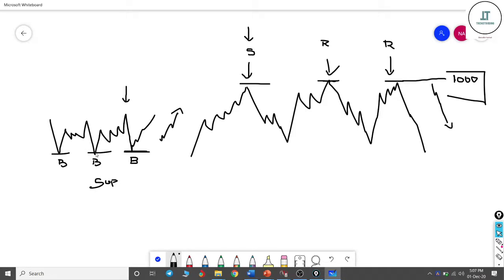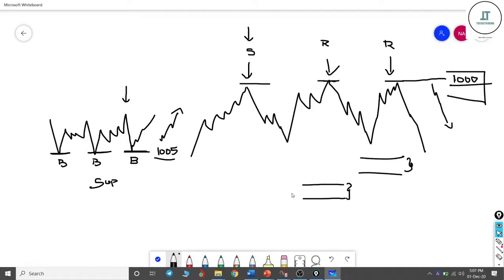Support and resistance are generally categorized into two. Support we can take as one single level, and resistance in the same way one single level, or we will get a range.